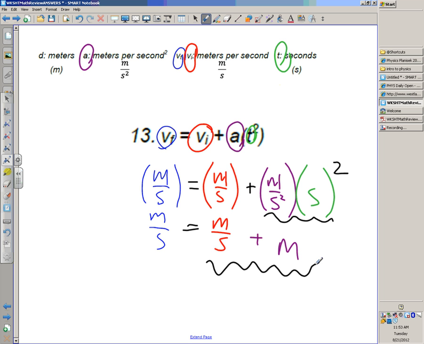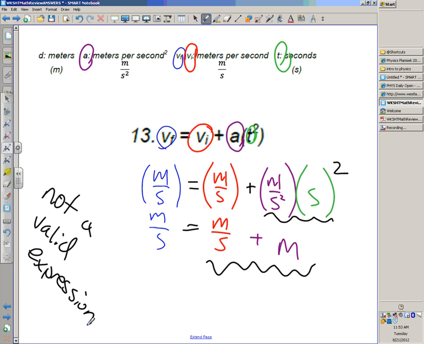This doesn't work. Okay. Over here on the right-hand side, I can't simplify any further than that. Over on the left-hand side, though, what's the only thing I'm left with? Meters per second. Do the units match up on the two sides of this equation? They do not. So this is not a valid expression. Okay.